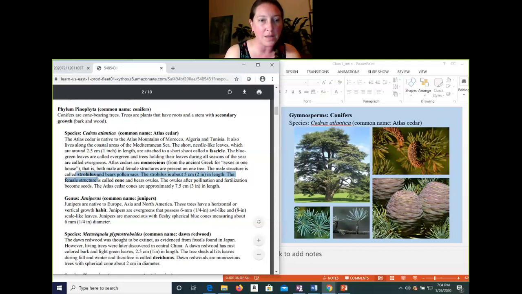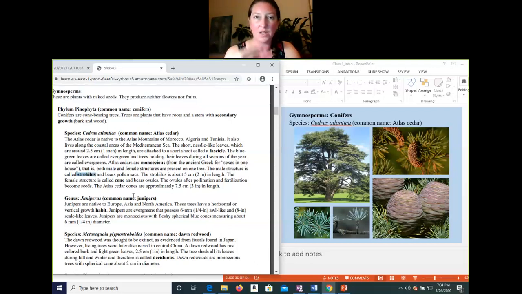We'll see words like monoecious, strobilus, and fascicle many, many times. I'm just getting you into them now. That male structure is called a strobilus and it has pollen. And because this is a conifer, the female structures are cones.